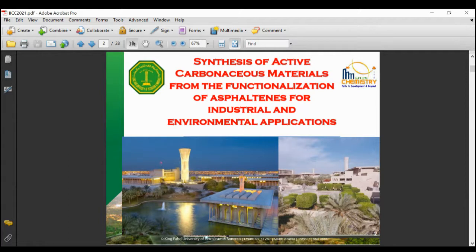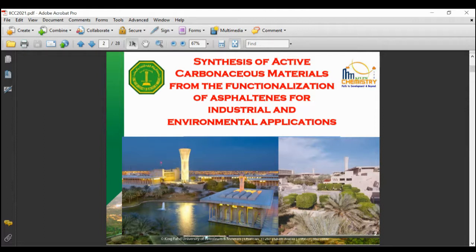And this work is all about the asphaltene. Initially, my work was only to investigate the chemistry of asphaltenes, how they work, how we can crack them, how we can use them for the refining processes.